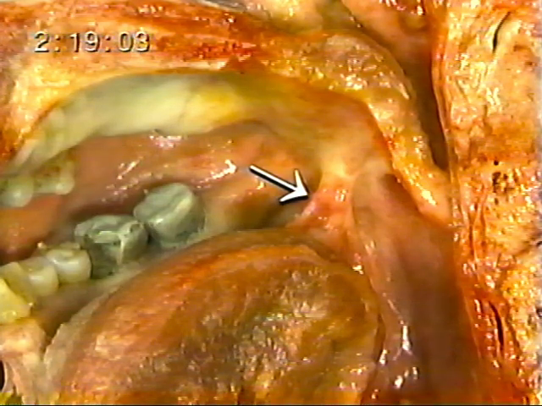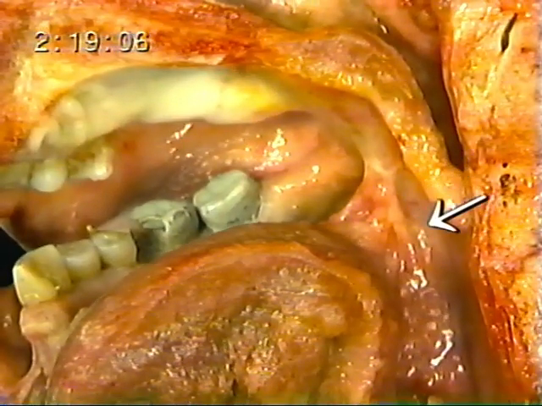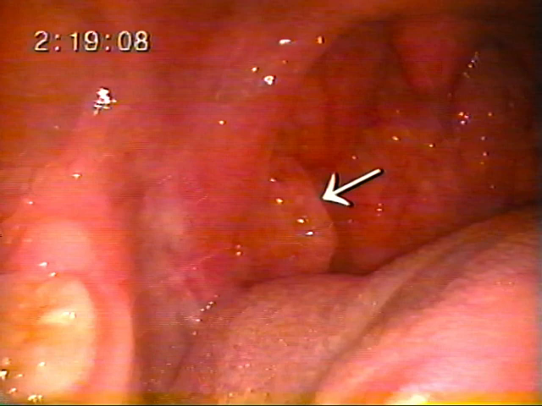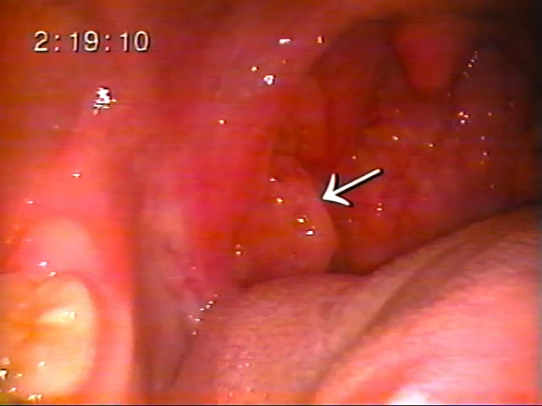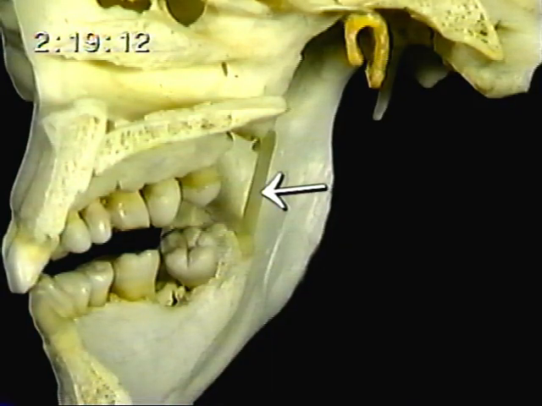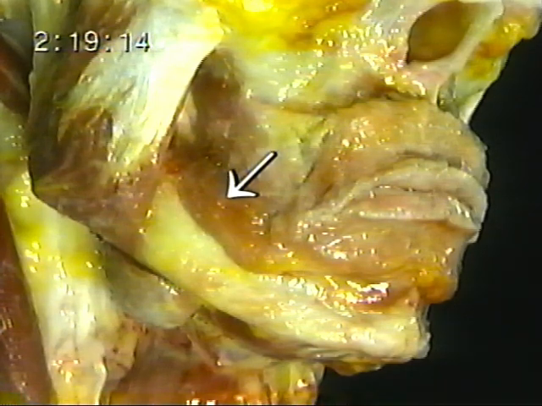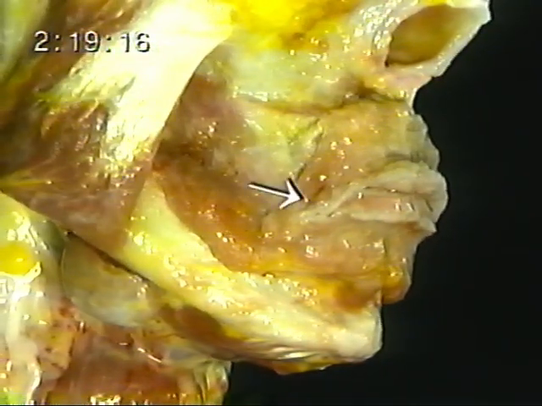Here are the palatoglossal arch and the palatopharyngeal arch. Here's the tonsil. Here's the pterygomandibular band, the buccinator muscle, and the orbicularis oris muscle. Here are the teeth, the incisors, the canine, the premolars, and the molars.